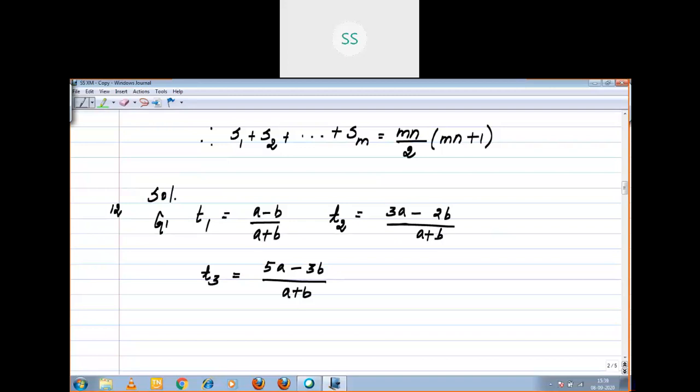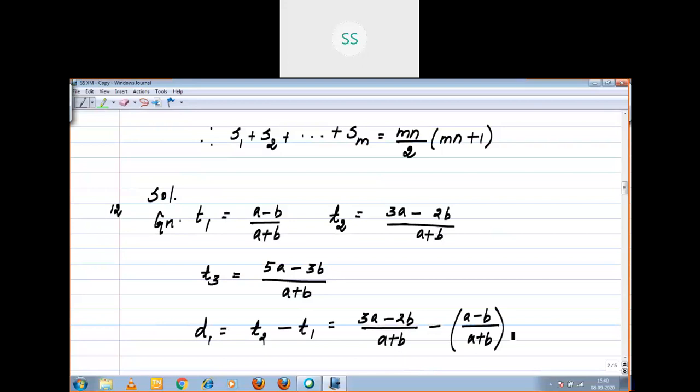Solution, it is given. Now, find the common difference. D1 equal to T2 minus T1, which is equal to 3a minus 2b divided by a plus b minus a minus b divided by a plus b.